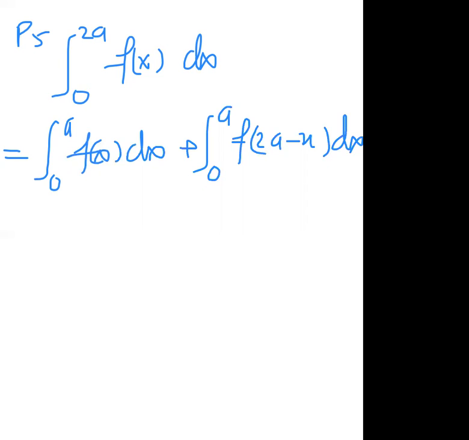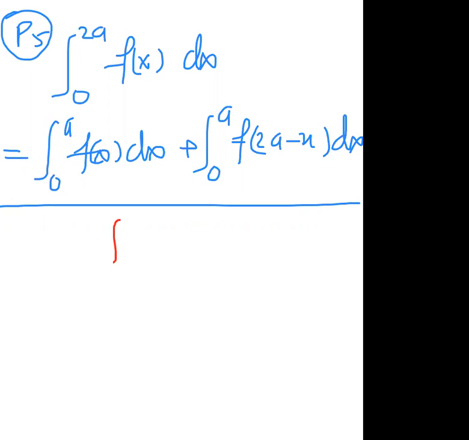This is property number 5, and it is one of the very good and important properties. When we are not able to do the question with 0 to 2a with another property which I am going to teach you now, then we have to apply this property. So this is tricky and technical conditions only.